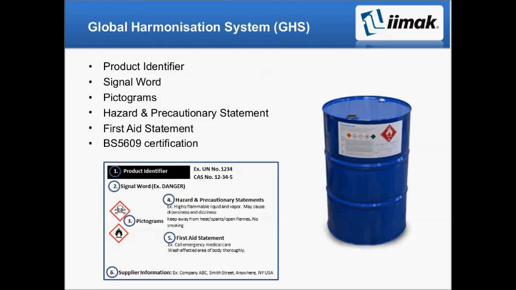For shipments overseas, the International Maritime Dangerous Goods Act requires a BS 5609 certification. This British standard requires resistance to salt water, UV exposure, temperature cycling and abrasion tests. This certification is similar to UL in that the ribbon and label must be approved as a combination.